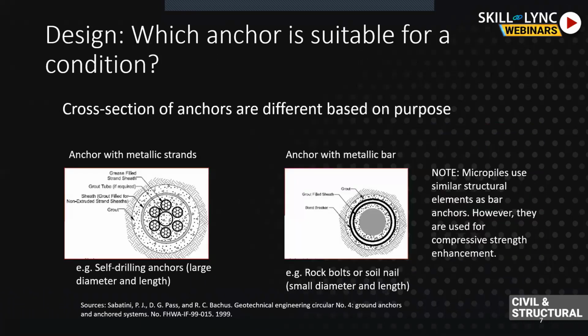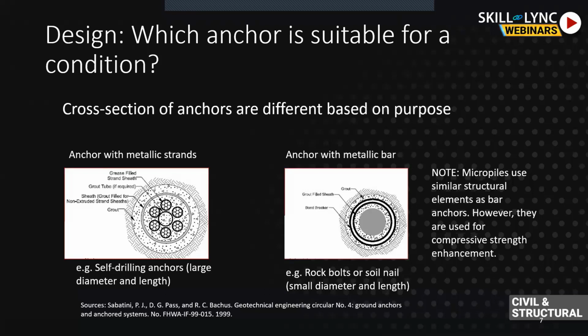So this is the design. If you have seen a cross section of a cable, let's say an electricity cable, you can see on the right side of the screen that the anchor with metallic bar has a cross section that looks very similar to an electricity wire. In an electricity wire, we have an outer layer, plastic or magnesium. Then inside we have some kind of wire, then one more core of plastic, and then in the innermost core we have a final wire like copper.